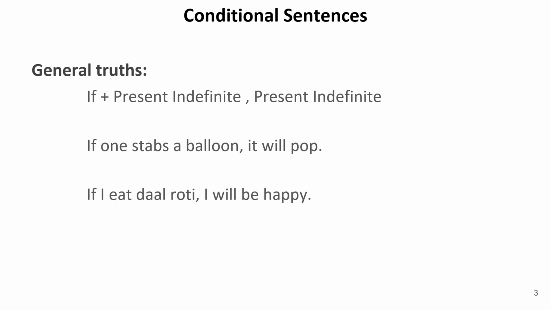Now, for general truths, this is type 0 condition. Why are we saying this 0 condition? Because in these sentences we write those sentences which are general truths, which always happen the same, constant. For example, if we do something that causes something else, and that is a general or universal truth or a scientific fact, that always remains constant.